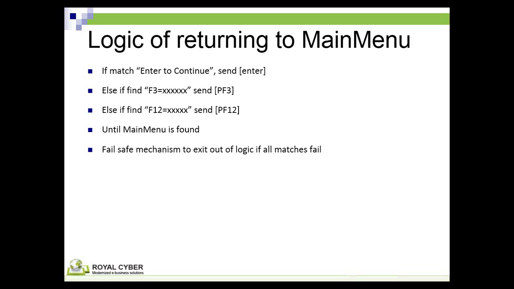So we have said that if there is a message text screen enter to continue, our first step is to press the enter key, and then you can press the F3 or F12 key. To decide how many times to press F3 or F12, we have defined the logic in our exceptional handling framework: until the main menu or sign out screen appears.